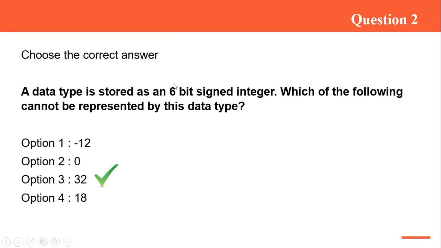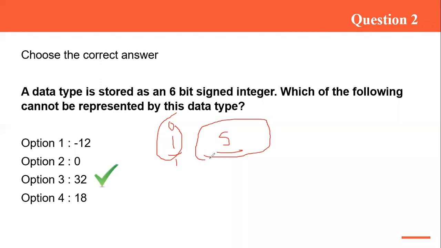The data type is stored as a 6-bit signed integer. 6-bit signed integer means what? 5 bits for number, 1 bit for sign. We will store 0 or 1 in the place of sign, and then in 5 bits, we'll write the number.